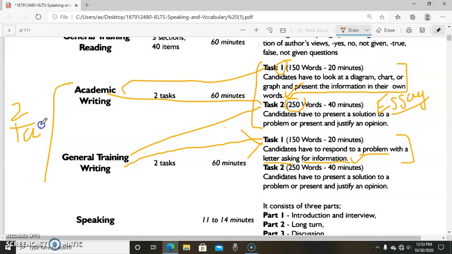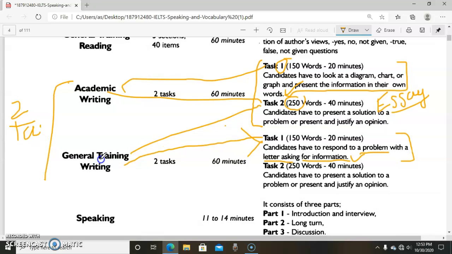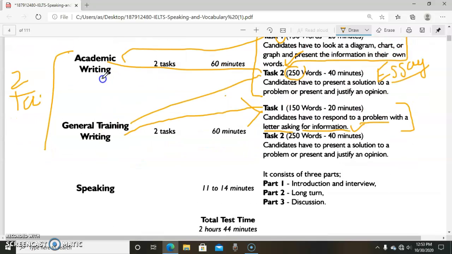All of these things are tested, right? You are given a topic and you write on it. Task 1 of the academic writing is different from Task 1 of the general training writing. Task 2 is almost the same, no problem. That's essay writing here and essay writing here, right?